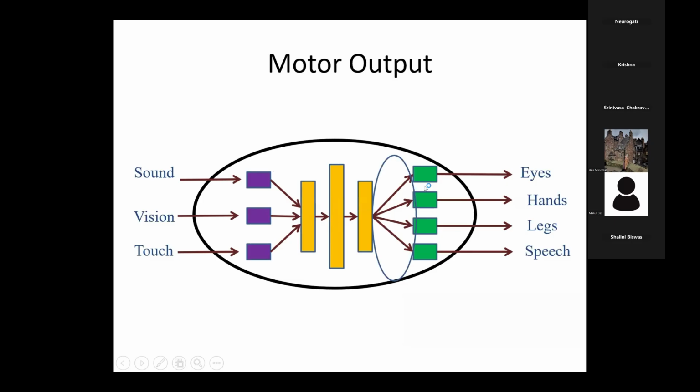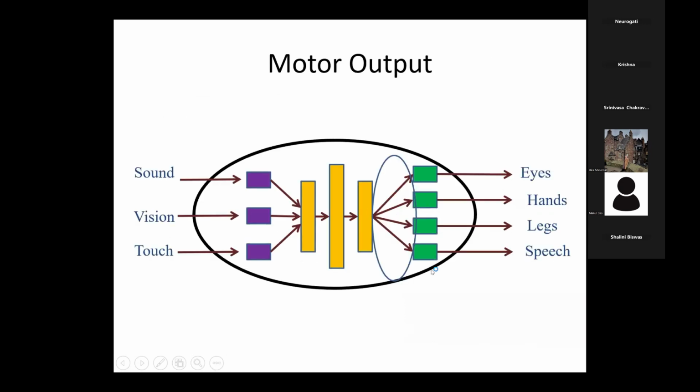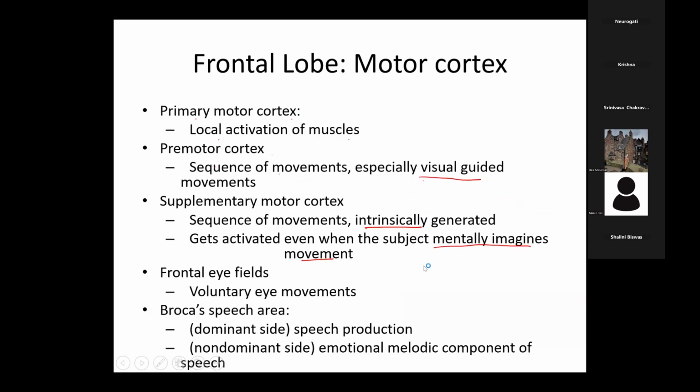Now let's go to the motor side. The motor layer, the final output layer, has, like I said, separate areas for hands and legs and all that. Now, if you go slightly backwards, you will have hidden layers from where you control all the different outputs.